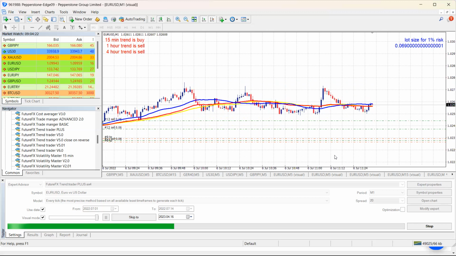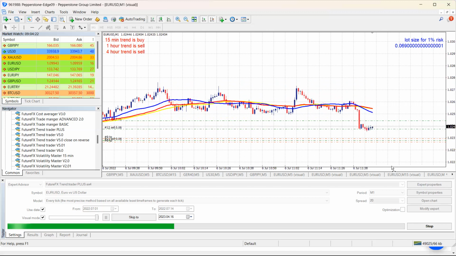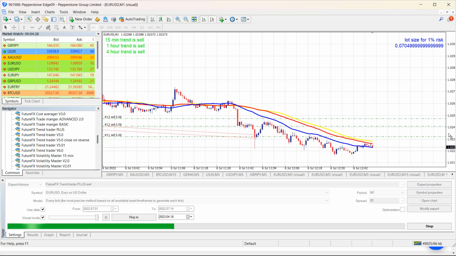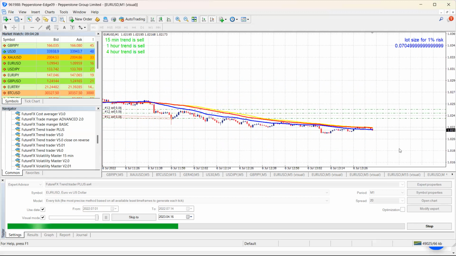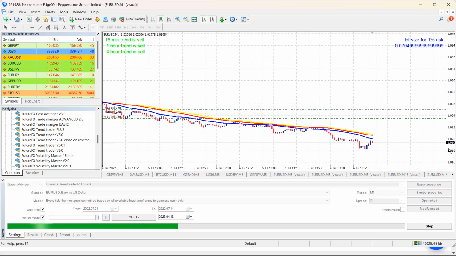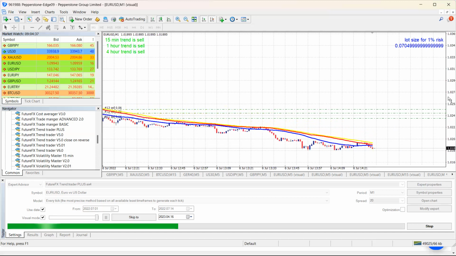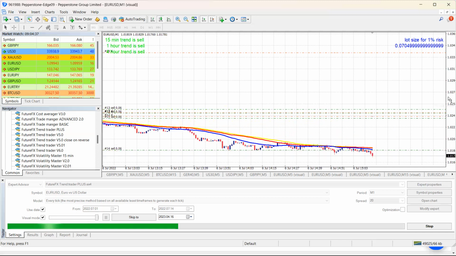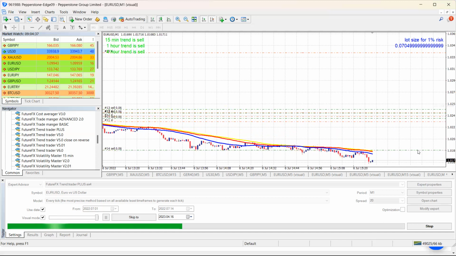I just play it out on the visual through until the end of the first week. There we go. We hit those take profits. Nice. Just have these 3 trades left in play. Four trades.